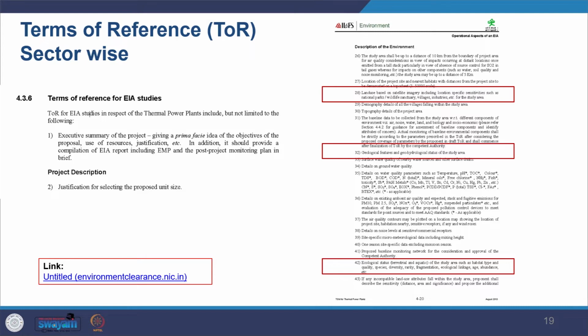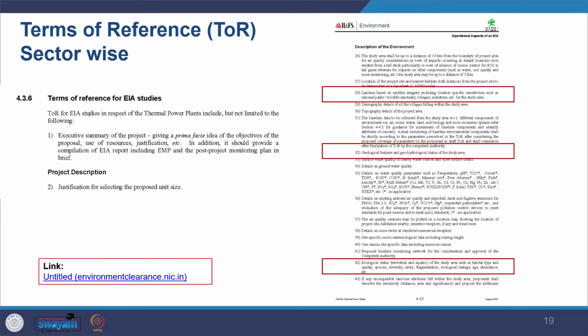And then number 42, ecological status of the study area, such as habitat type, quality, species diversity, rarity, fragmentation, ecological linkages, age, abundance, and so on, has to be provided.